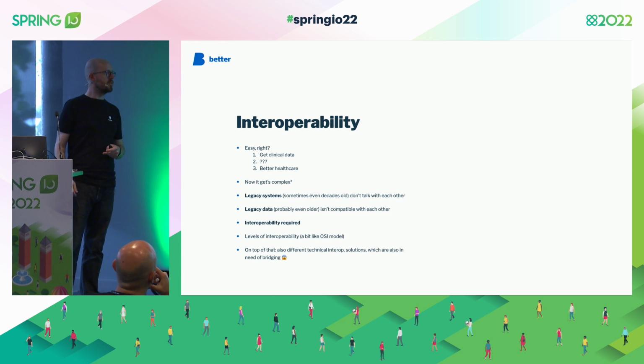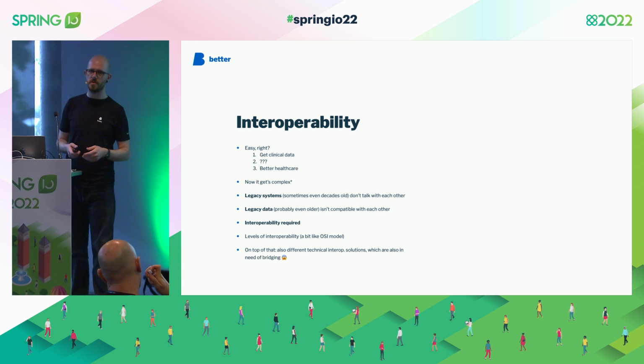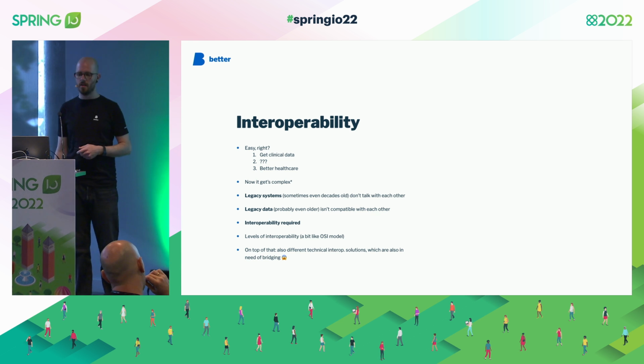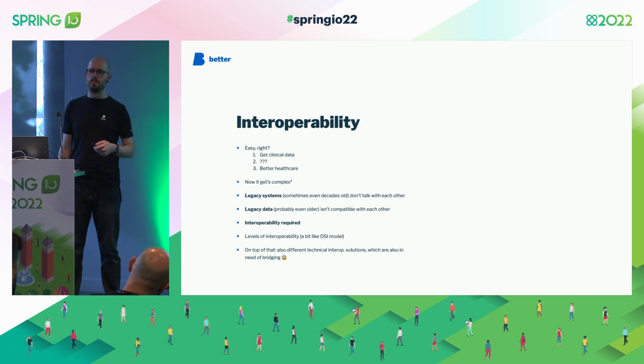So to do a little assessment of what we usually have, we have tons of legacy systems. Hospitals are generally very old, and GP practitioners or other sorts of clinics are at least somewhat old in most cases as well. And they are not compatible with each other by definition, or they are not meant to talk to each other from the original design.